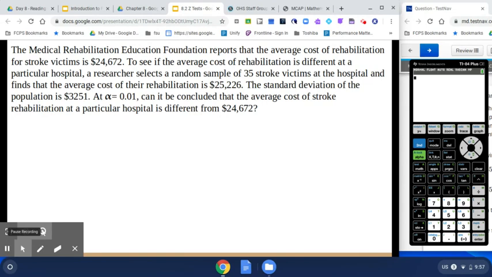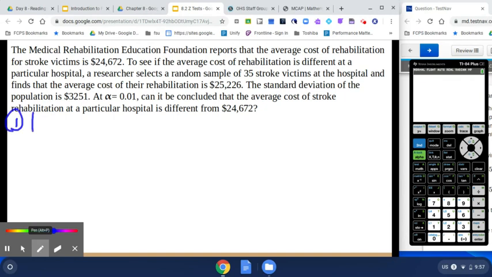The standard deviation of the population is 3,251. At alpha equal to 0.01, can it be concluded that the average cost of stroke rehab at a particular hospital is different from 24,672?